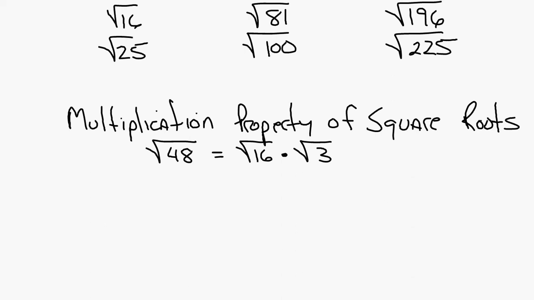And the square root of 16 is equal to what? 4. So the square root of 16 times the square root of 3 is the same as 4 times the square root of 3.